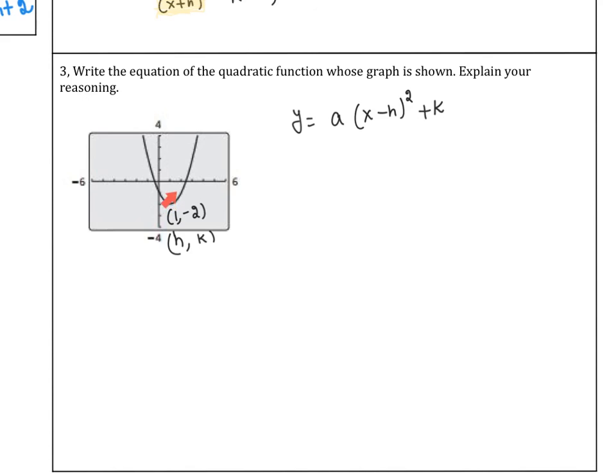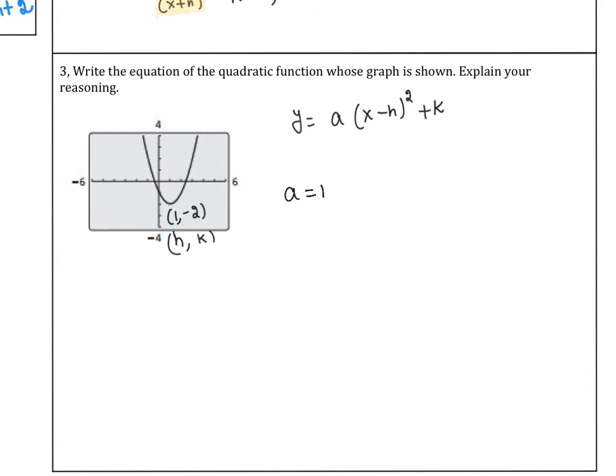It's rising up 1 and over 1, so the next point is this one. It doesn't look like a vertical stretch or a shrink because it's going up 1 over 1, and that is the normal pattern for your parent graph without any vertical stretch or shrink. So a is going to be just 1.